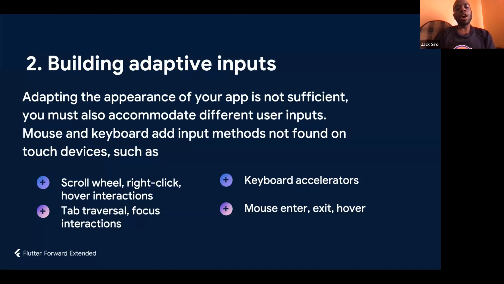You will need to work with the tab traversal or focus interaction, whereby a particular widget will be active based on the tab index it's given, and then probably there is a voiceover to explain where the focus is.